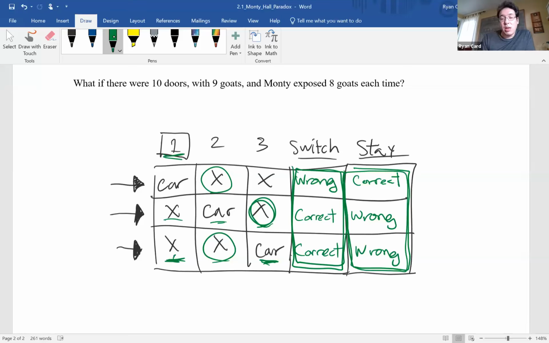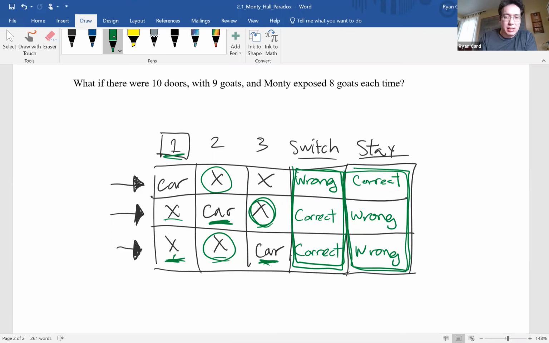It's not really 50-50. Even though there are two choices, it's more likely to be in the other door because the other wrong door has been eliminated for you already. So it's more likely that the leftover door is the one with the car.